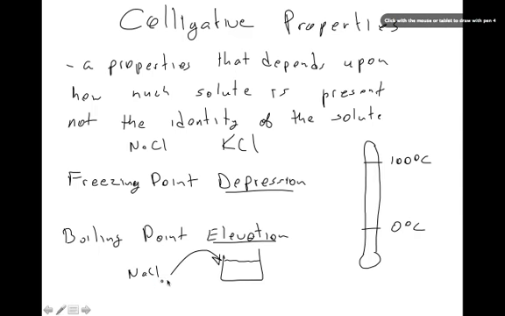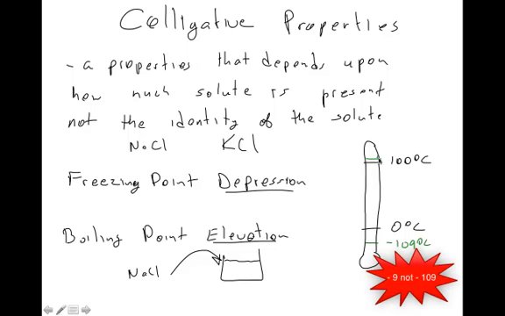So just throwing some made up numbers out here, if I threw some salt in there, maybe the freezing point would drop down to negative 109 degrees Celsius. Maybe the boiling point would go up to 102 degrees Celsius. It doesn't change by the same amount on both ends because the math constant's not the same, but the boiling point would go up and the freezing point would go down.